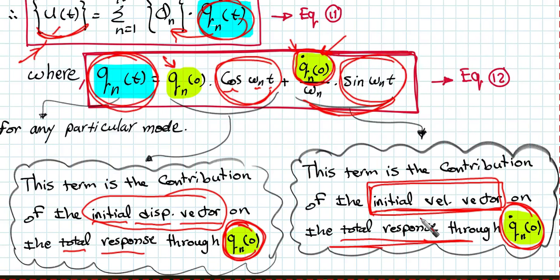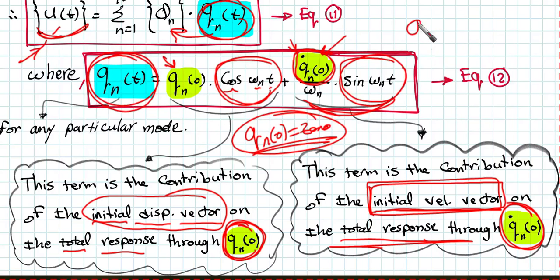Okay, this means that if I have Qn node equal to 0, what is the significance of this? The significance is the initial displacement vector would not affect anything in our total response. And what if I have Q dot n node equal to 0? This means that the initial velocity will not contribute to the total response. It has no contribution.